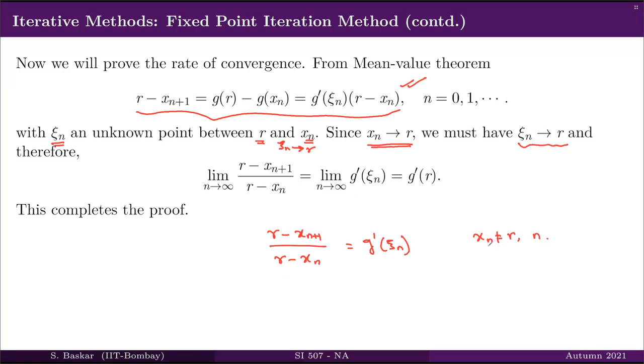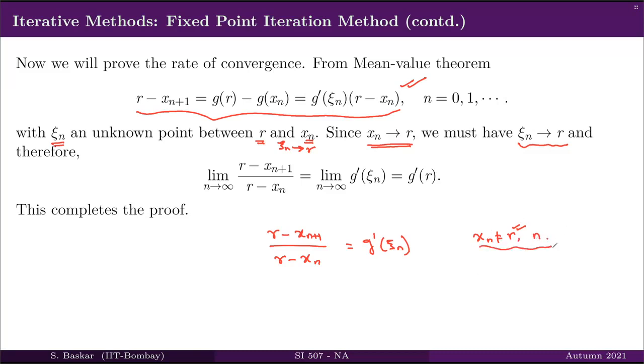So a good argument here is to first say that for any finite n, if xn equal to r, then the iteration process terminates and we get exact result. Therefore, without loss of generality, we can assume that xn is not equal to r for all n.